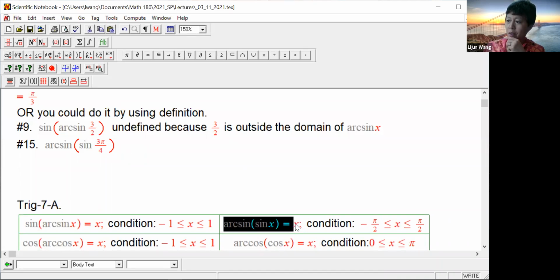Can we apply this property I highlighted?